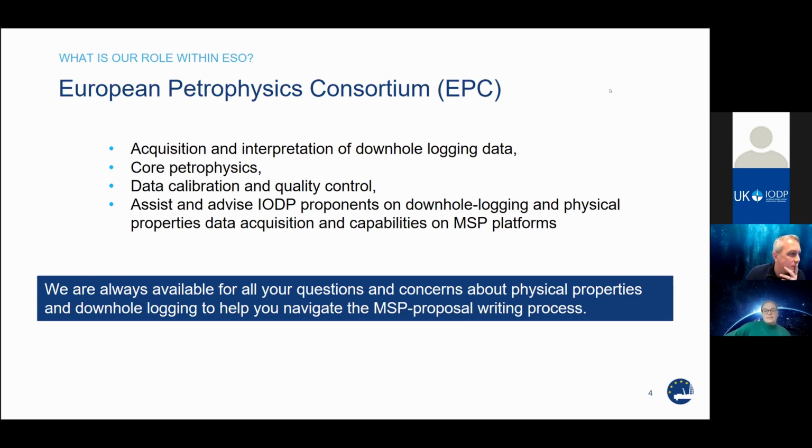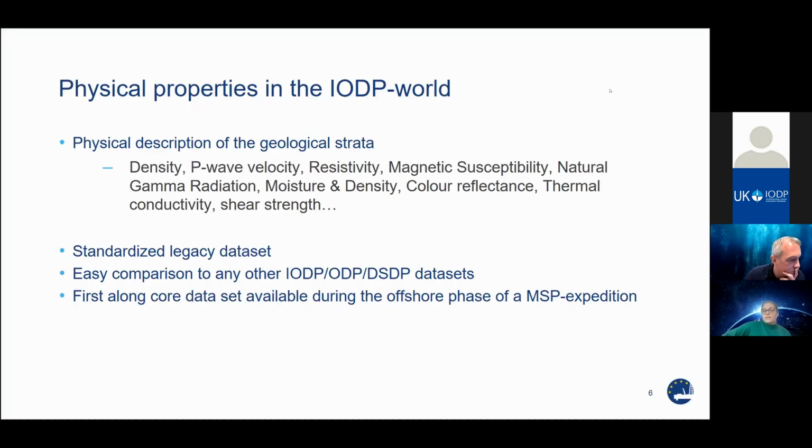Now I just want to talk a little bit about the physical properties. Physical properties in the IODP world is basically the physical description of the geological strata. So it ranges from density, P-wave velocity, to color reflectance, how much natural gamma ray a rock is giving off, and so on.